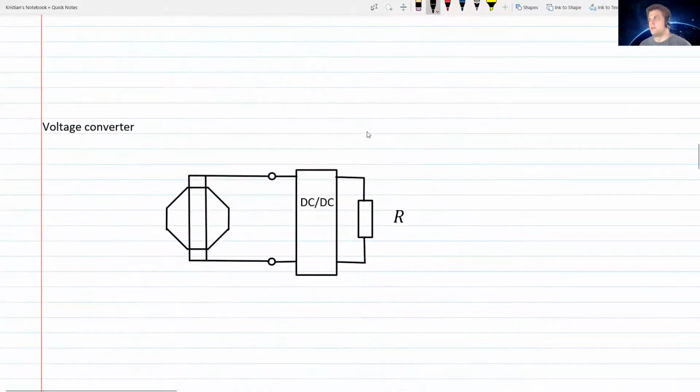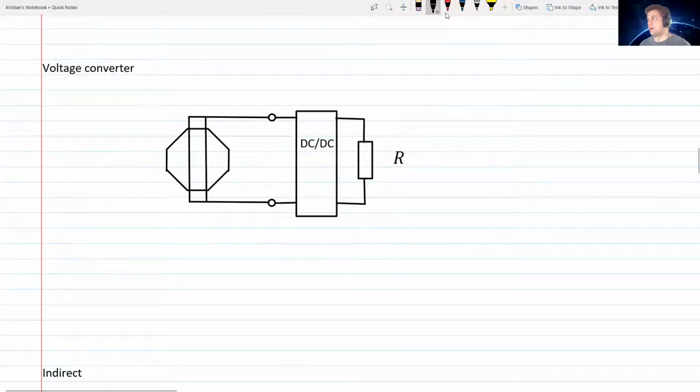To do this, we can use a DC-DC converter. There are several types of DC-DC converters. There are isolated, where the two sides are coupled together through an inductor. Then there are non-isolated, where the two sides are directly connected.